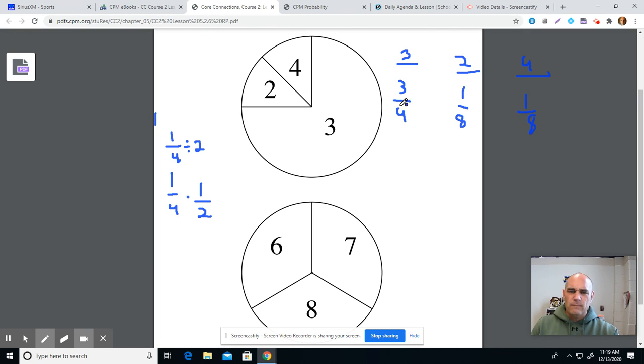So definitely a lot better chance of getting a 3. Down here, these are all evenly cut out. So my chance of getting a 6, I'm going to say, out of the 3, there is 1/3. And a 7, you have a 1/3 chance. And an 8, there is a 1/3 chance.